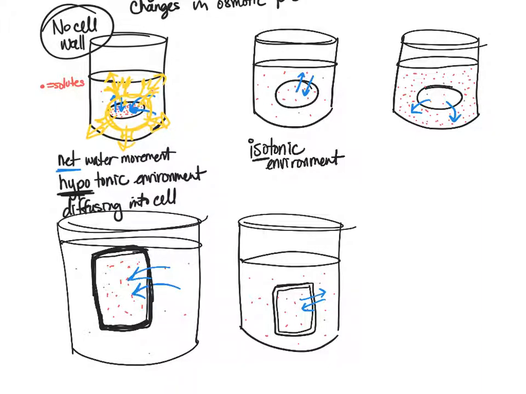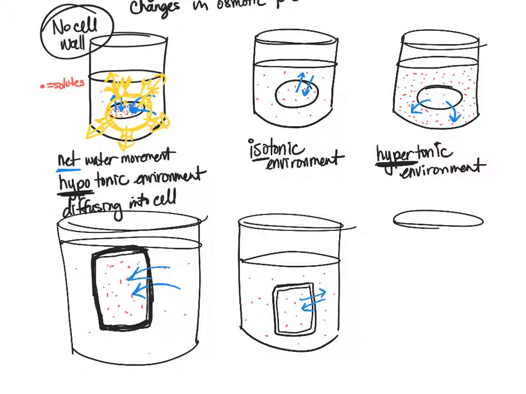And what is this one called then? What kind of tonicity is this? Good, so hypertonic. Hyper meaning greater than. So hypertonic means that there are more solutes than in the other location. So in this case, we have a hypertonic environment. That means we have more solutes in the environment than we have inside of the cell.